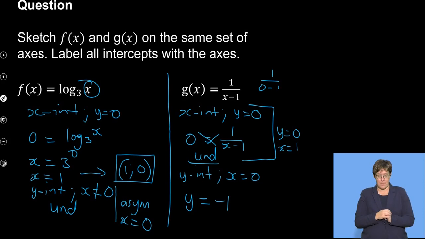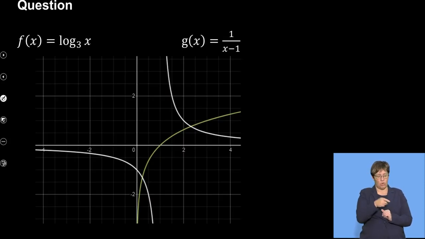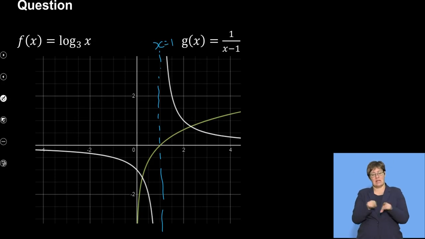Now, to go about drawing this, this is what you're going to have, right? The first thing to do, remember, is always to firstly draw your asymptote, which I wanted to show you how to go about drawing, and then you label it x is equal to 1, right? And then the horizontal asymptote is just y equal to 0. You don't need to show that because it's on the x-axis.